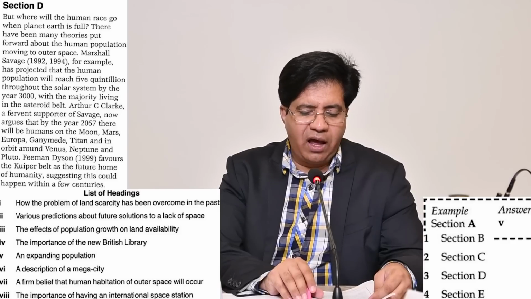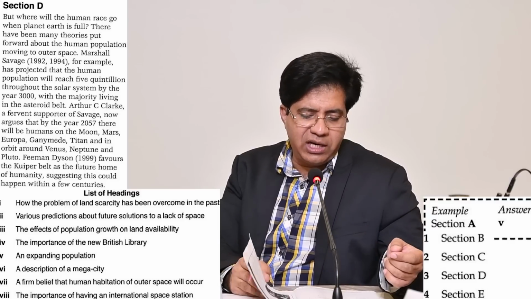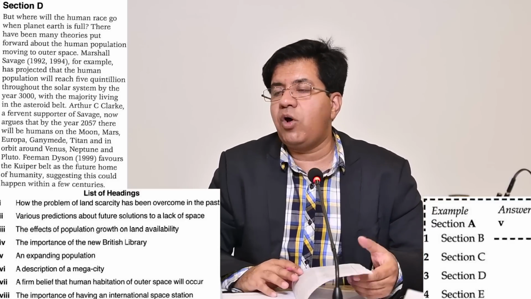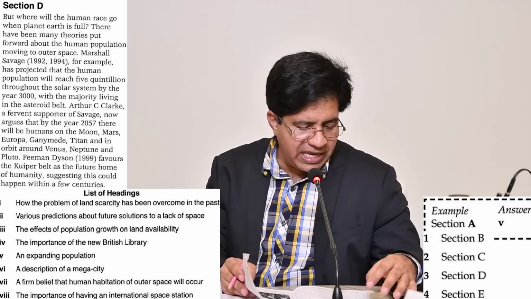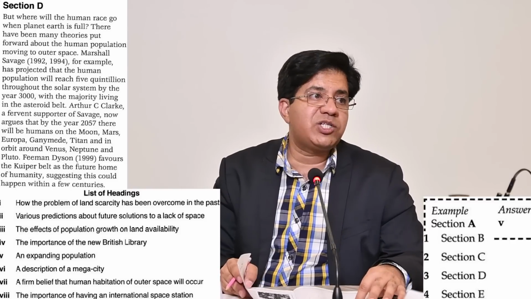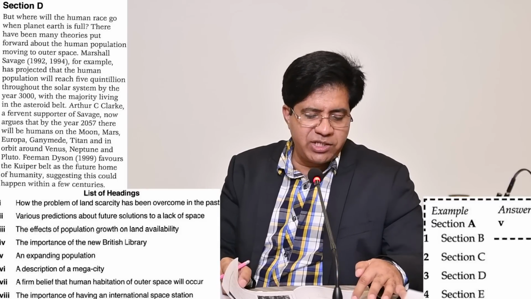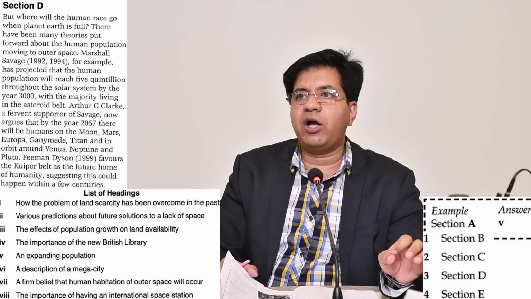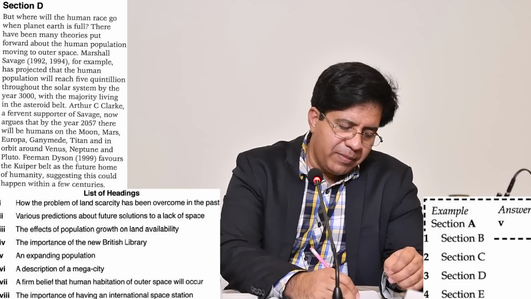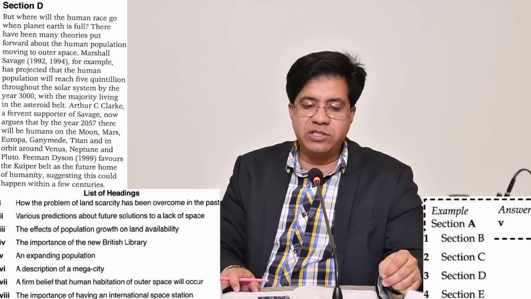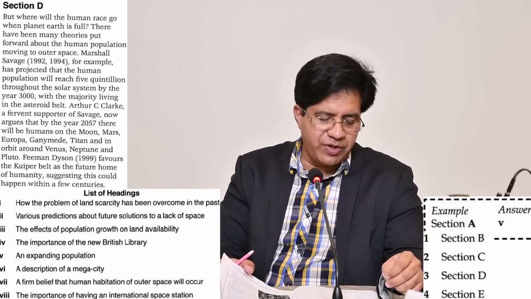Then Arthur C. Clarke. So Arthur C. Clarke and Marshall, there are different theories of them. So for section D, heading number 2, various predictions. Why various? There are 2 people who predicted various predictions about future solution to a lack of space. Now please cross heading number 2 also, because this is the answer of section D, question number 3.